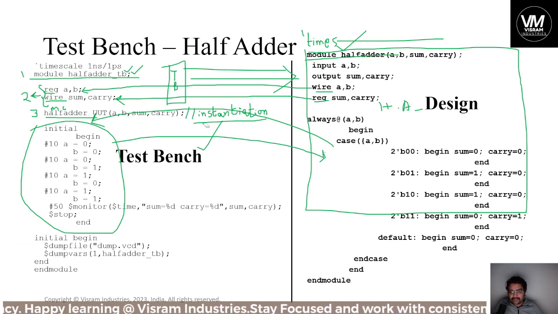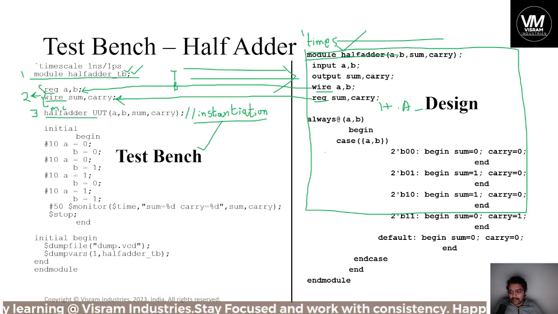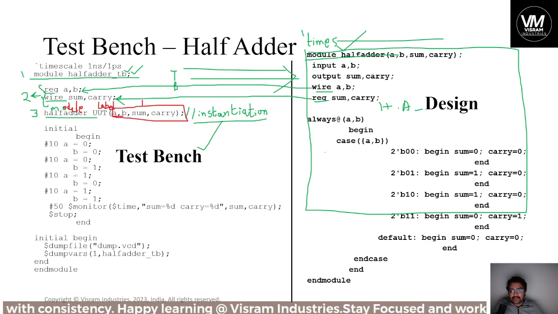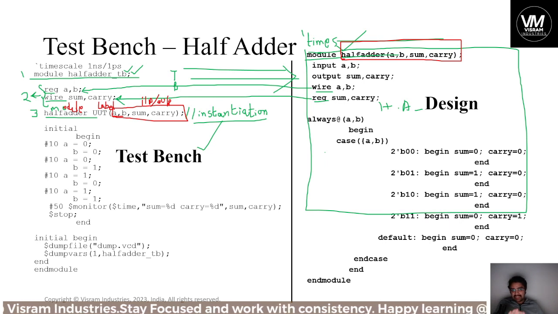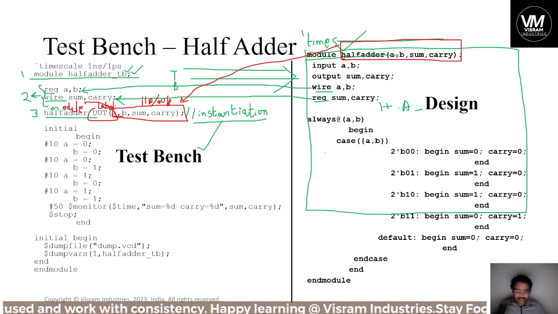Okay, let me erase a few arrows. So this is the module name, and we need to give the label name, and whatever inputs and outputs you have declared should be declared in the same sequence. Take these two parts, this name and the inputs and outputs including the semicolon, and write it here, and label it with a simple name.